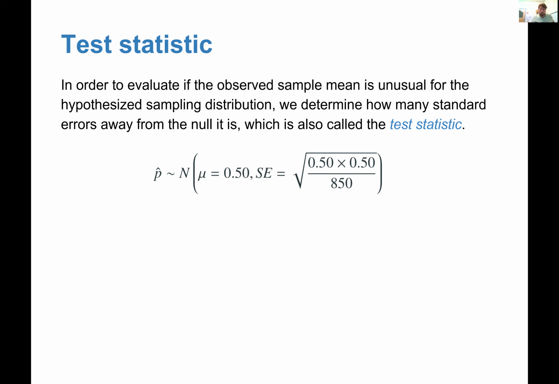So we're going to compute z. Our z-score then is our sample proportion, that's p hat, minus 0.5, which is the p from the null hypothesis.